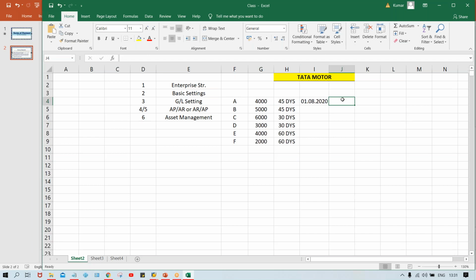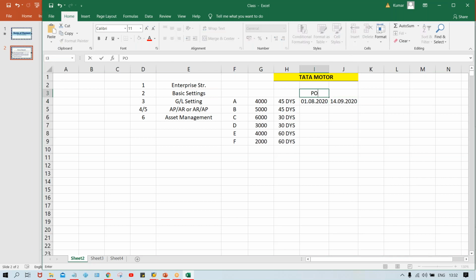Let's suppose it is due on 14th of 09. Why 14th, guys? 45 days. The August month has 31 days, so it is going to be due on 14th 09.